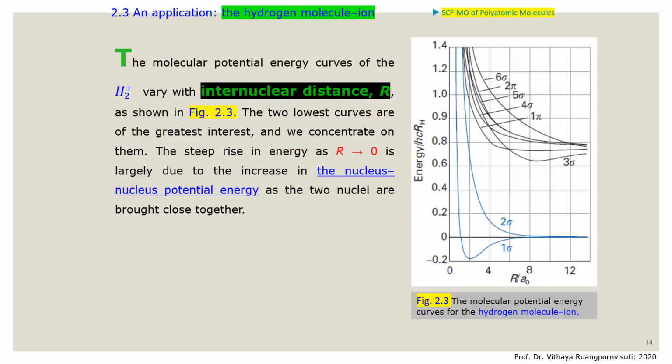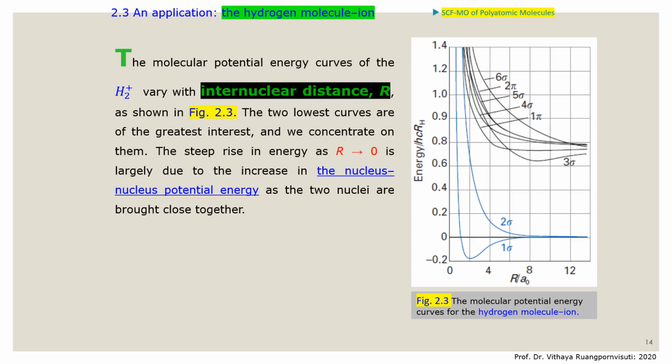Figure 2.3 shows the molecular potential energy curves of the hydrogen molecule ion, which vary with the internuclear distance, capital R. The two lowest curves are of greatest interest, and we concentrate on them.